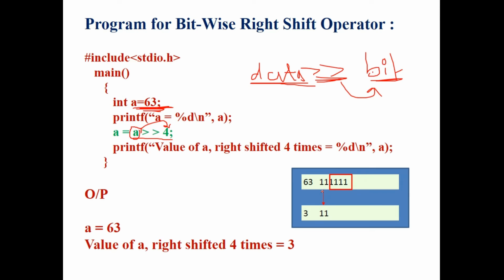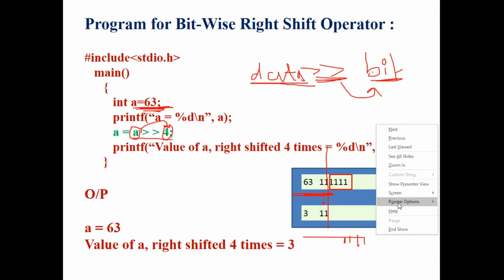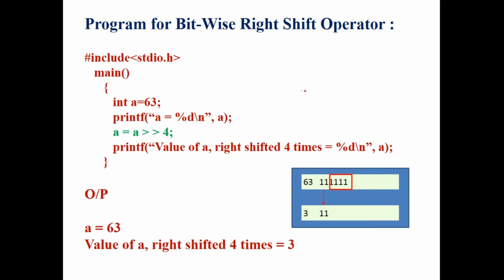The binary representation of 63 is 111111. Now when you shift this value towards the right by 4 bits, you lose the rightmost 4 bits. In simple words, just delete the rightmost 4 bits, 1 2 3 4, and whatever number you get before that will be your result.